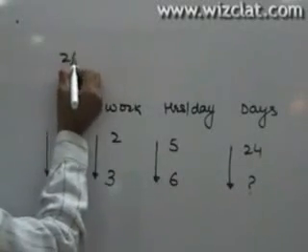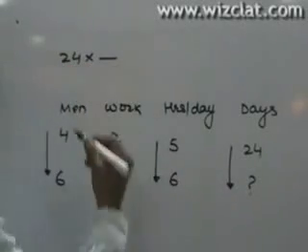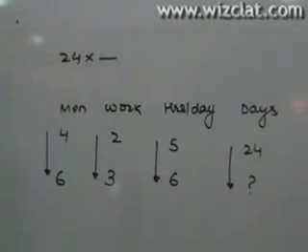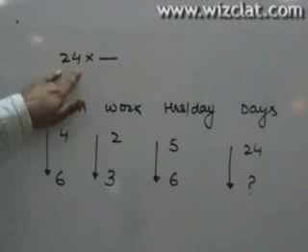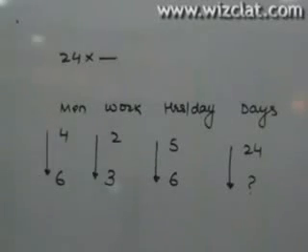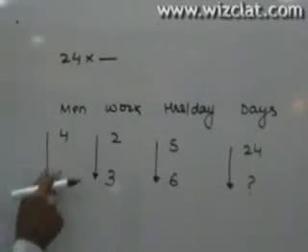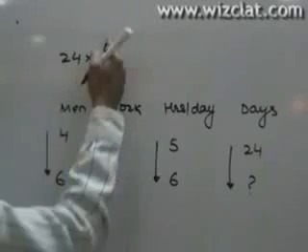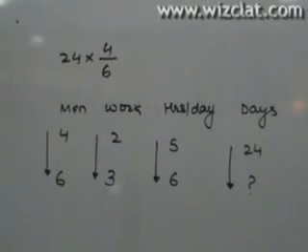So 24 has to be decreased. Therefore the multiplier should be such that the numerator is smaller than the denominator. More men, less days. I want to reduce this value, so the numerator has to be smaller. Out of these two values, 4 is a smaller number which will become the numerator, and 6 is a larger number which will become the denominator.